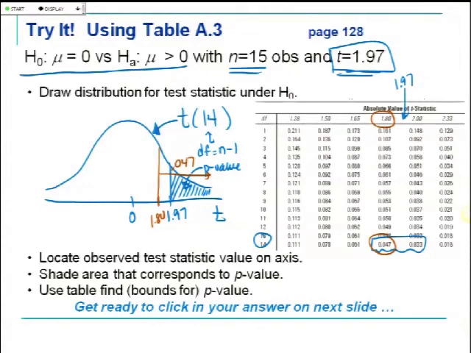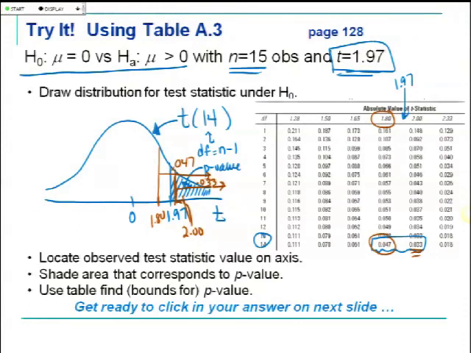I can even be a little more specific if I take the other bound, which is pretty close to actually. 2 is very close to my test statistic value. And from that 2 all the way over to the right is how much? Only 0.033. So the p-value that I want is a little bigger than 3.3%, but I know it's smaller than 4.7%.